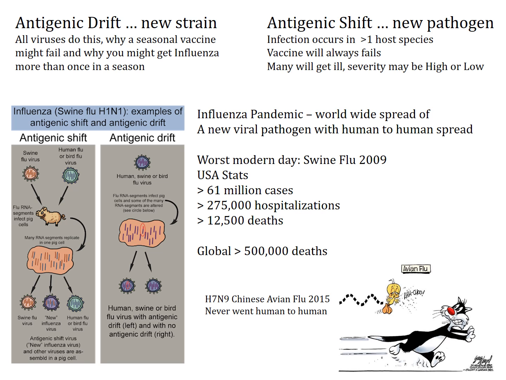Again, that was our last pandemic. The last scare that we had a couple of years ago, 2015, was a new H7N9 Chinese avian influenza, which was going bird to human but never went human to human. So if you were in China and you were being exposed to these birds, you could have gotten sick. The fortunate thing was if you were sick, it wasn't transmitting human to human, so it didn't become a pandemic.